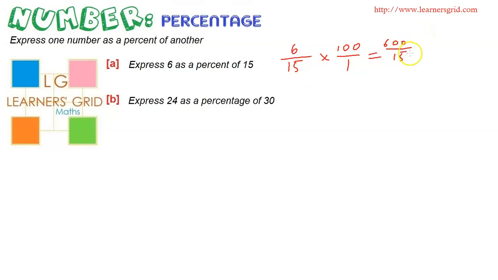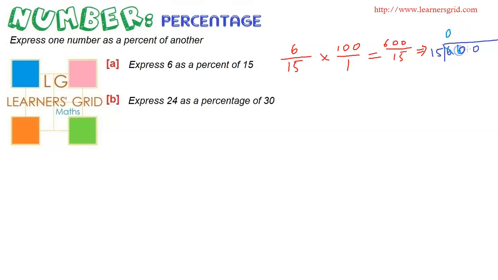Great. You're nearly there. This is not quite a percent yet. So let's turn this into a number. What this says is 600 divided by 15. So let's solve that problem. 15 into 6, well, that's 0, right?